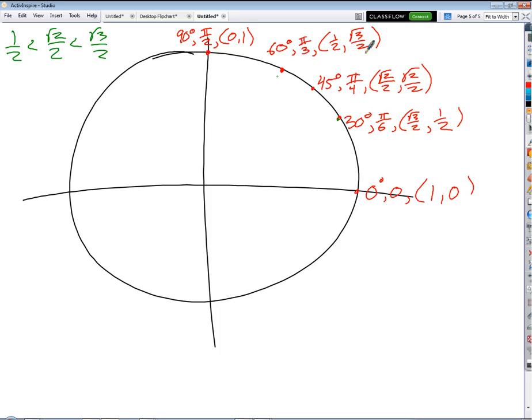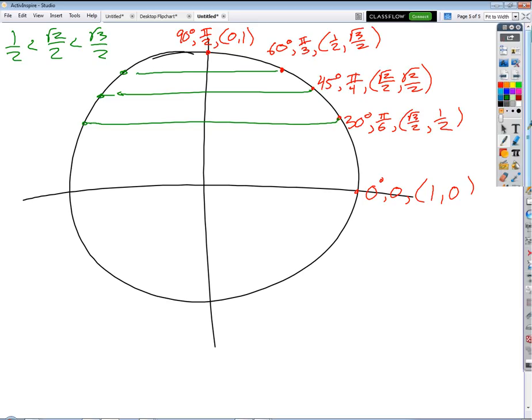From there, everything's a piece of cake, because all we do is reflect all these points over here. Now, what's that going to do to those coordinates? The x values become the opposites of quadrant 1. The y values are still positive, right? Make sense?